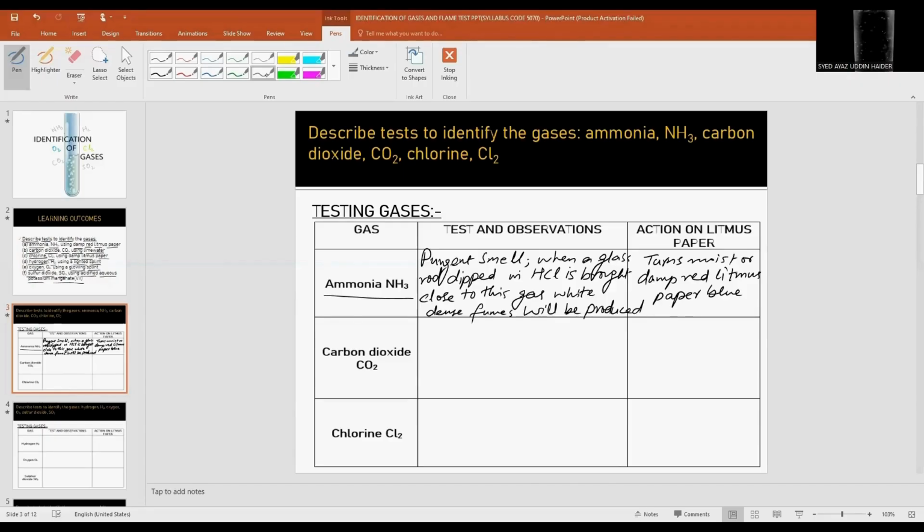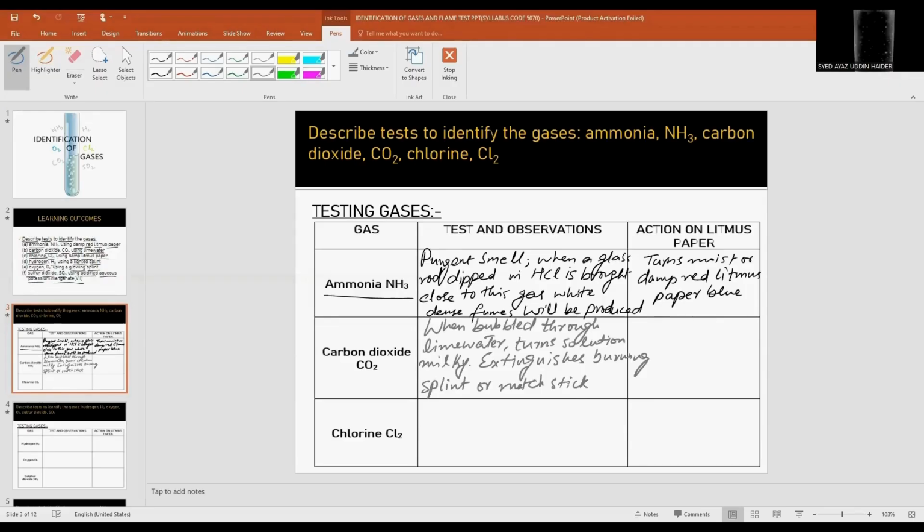It extinguishes a burning splint or matchstick. That's why it's used in fire extinguishers.